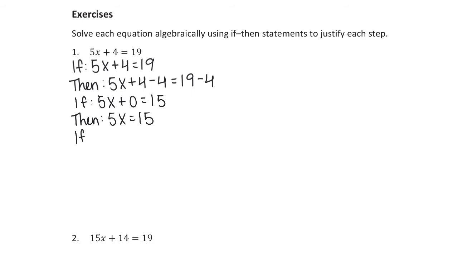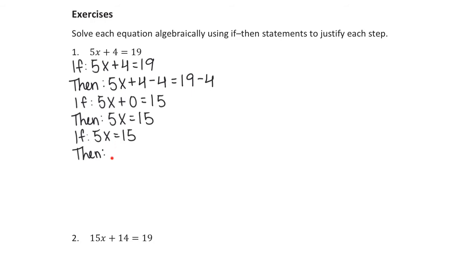If we know that 5x equals 15, then we take the multiplication property of equality, which here it is 5x because 5 and x are being multiplied by one another, and multiply it by the inverse of 5.